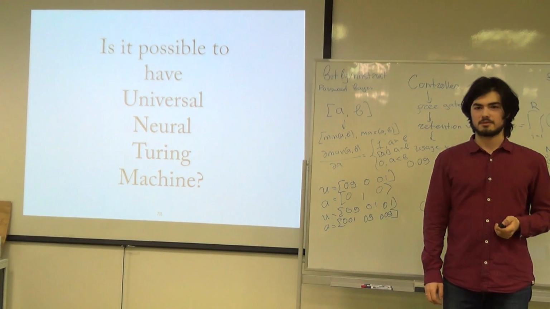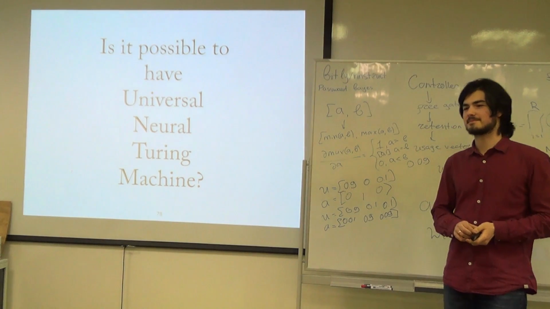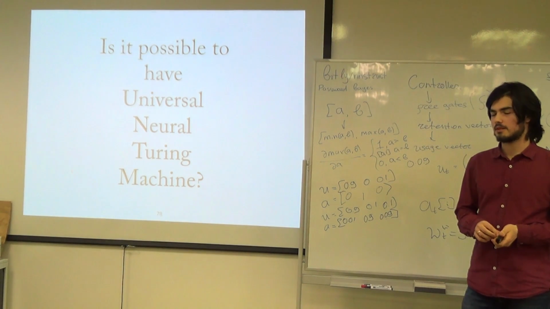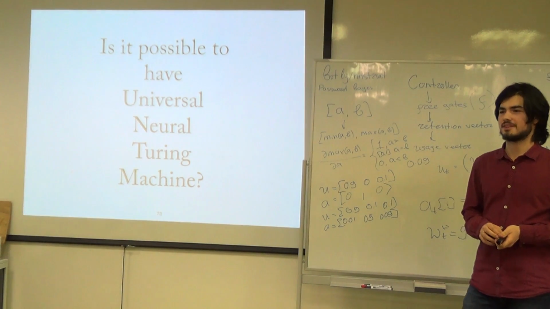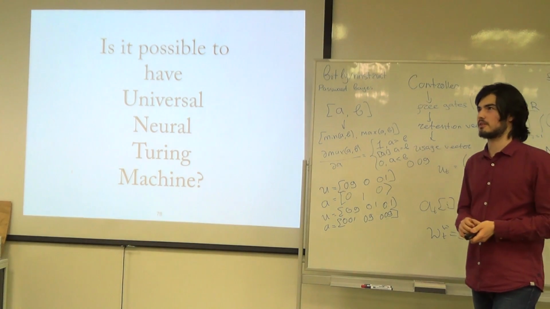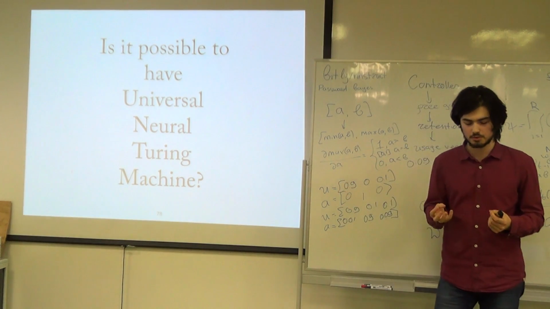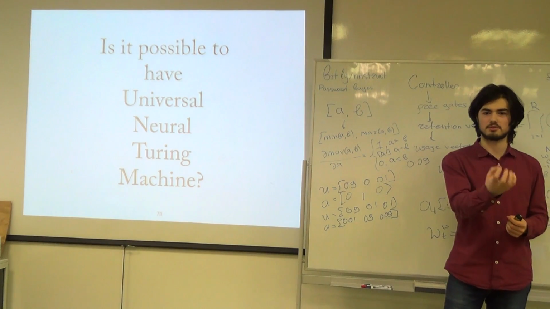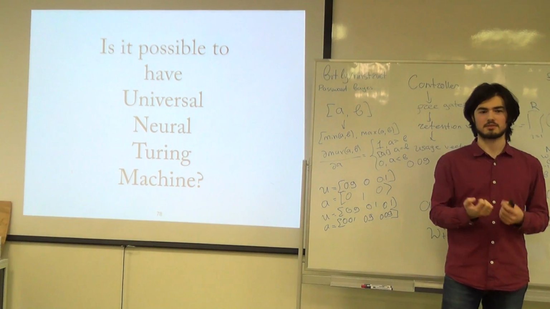Why not? Well, practically no, because it would require an unbounded amount of memory. But theoretically, maybe. And here it is really cool, because what is a universal neural Turing machine? You would give it the weights of some other network, and it would have to simulate the network by its weights. I think it's really cool.